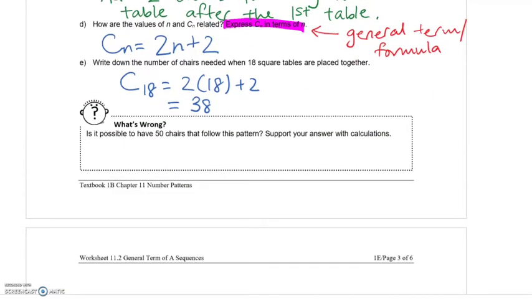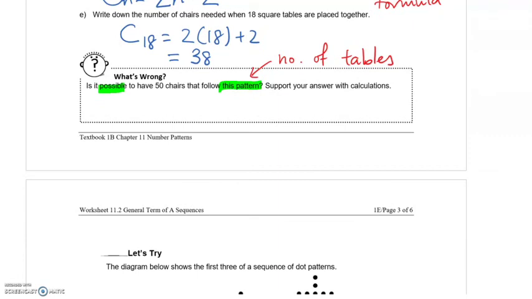Is it possible to have 50 chairs that follow this pattern? Well, what we're being asked to find, meaning to say, we're looking for the number of tables. So therefore, what we are actually trying to find is the letter n, right?